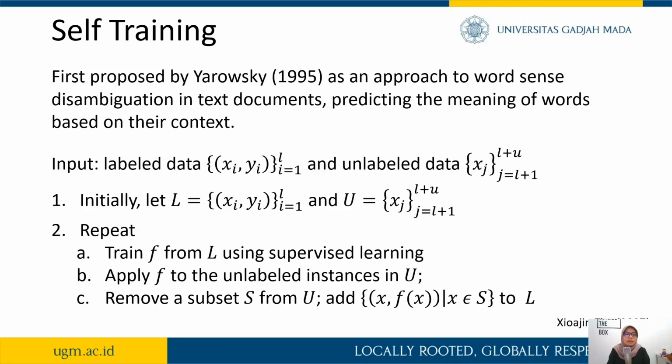The next step is to apply F, the model, to the unlabeled instances in U. Then remove a subset S from U, and add (x, F(x)), given x a member of S, to L. So we are trying to predict the labels of unlabeled data and adding some of that data to the training data, and then repeating the process again until the stopping criterion is met.